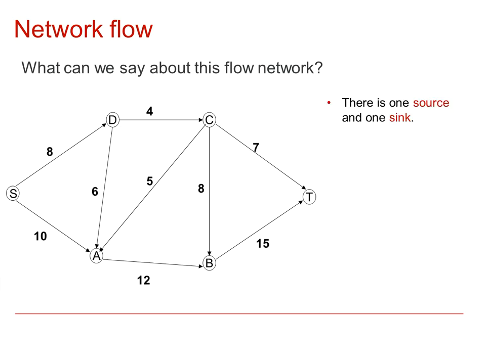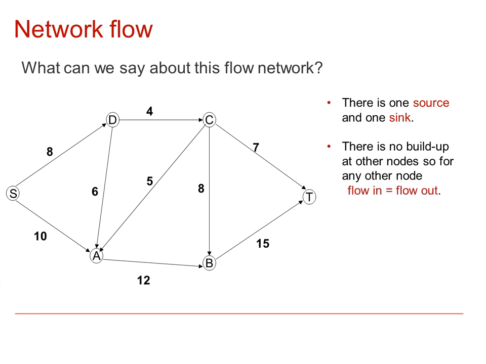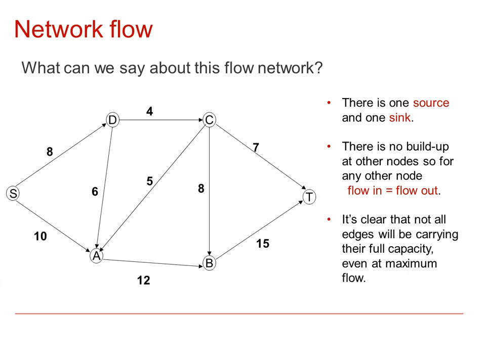So in this particular network there's one source and one sink, and we've already discussed the idea that there's no build-up at any other node, so that whatever flows in to a node must flow out. Now with our flow of 12 that we had a minute ago, is there any way that we can increase that?